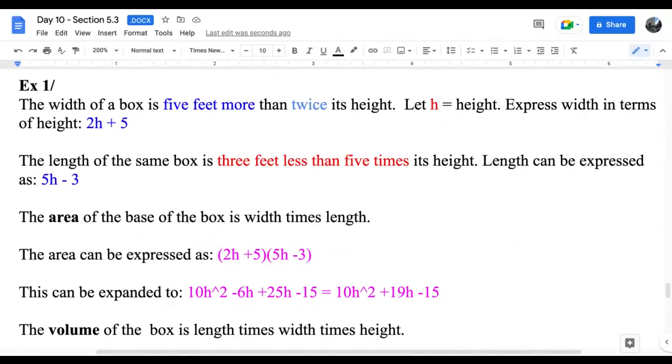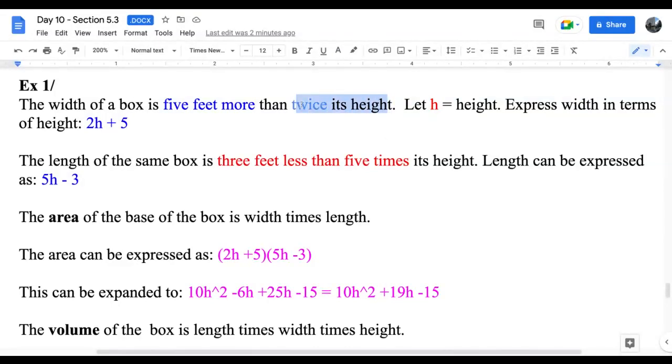Let's see this word problem. The width of a box is 5 feet more than twice its height. Let's call h the height. We want to express the width in terms of the height, so width equals some h plus some number.